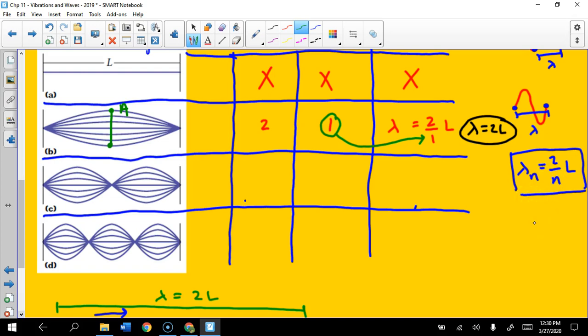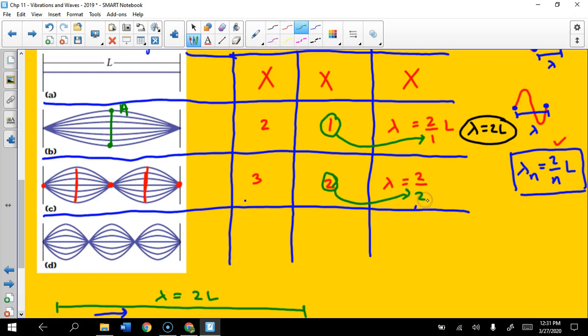Okay, let's do the next diagram. In the next diagram, count the number of nodes. There are 3 nodes. Count the number of antinodes. There are 2 antinodes. According to the formula that we developed over here, lambda is equal to 2 divided by that number right there, and it's always 2 divided by that number.